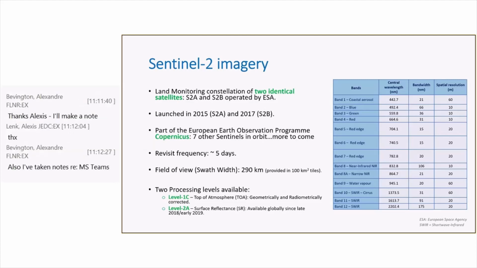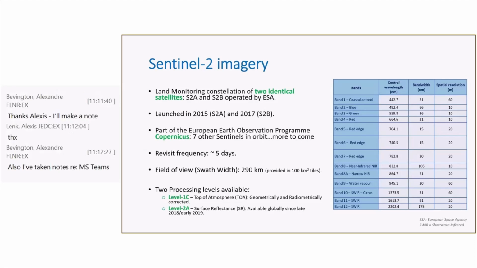The table on the right has the technical specifications of the Sentinel-2 bands. The spatial resolution ranges from 10 to 60 meters. Basically, the visible and near-infrared bands have a 10-meter resolution.